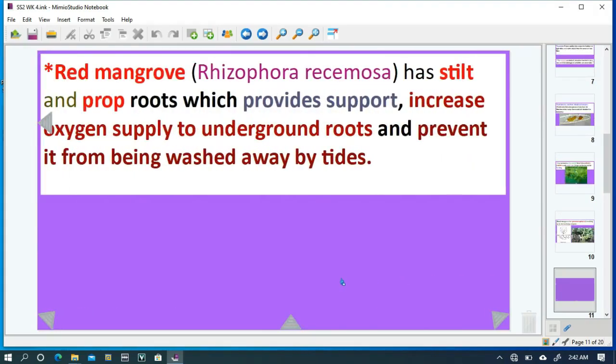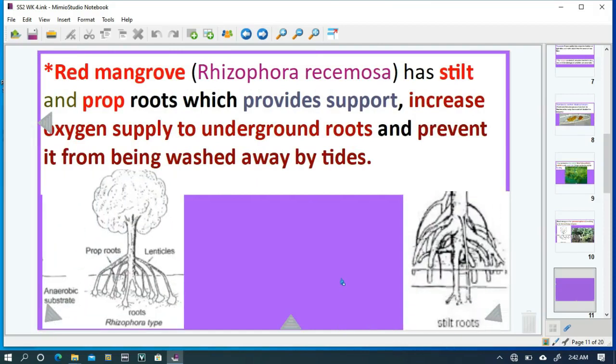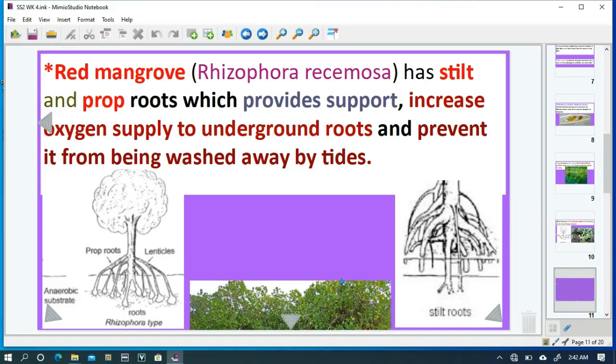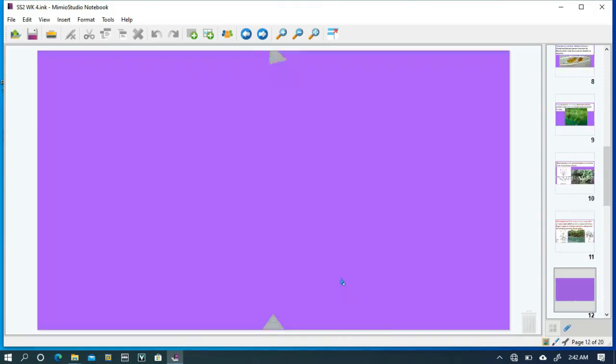The red mangrove has stilts and prop roots which provide support and increase their oxygen supply to underground roots, and it also prevents it from being washed away by tides.